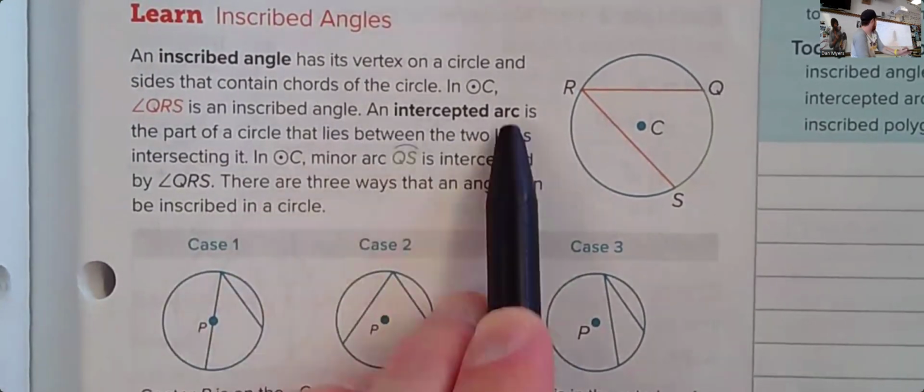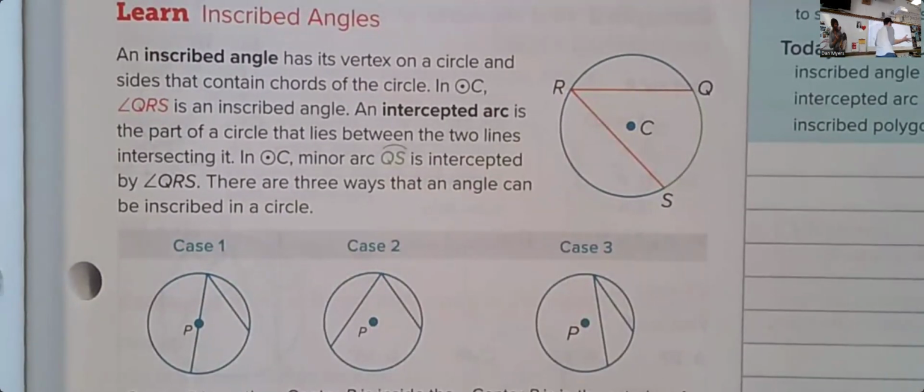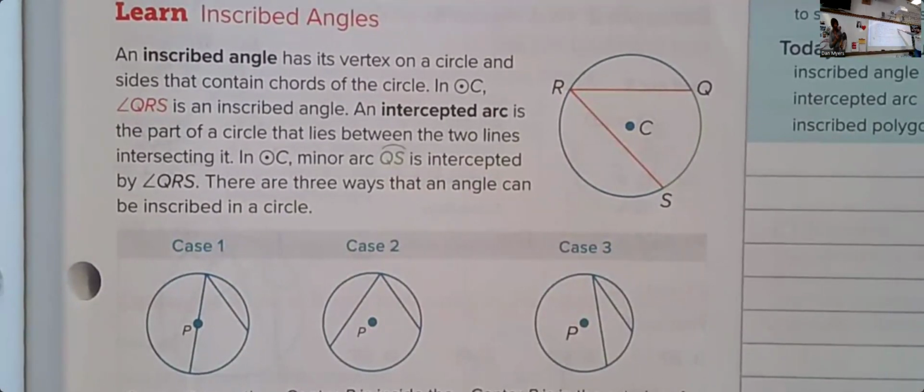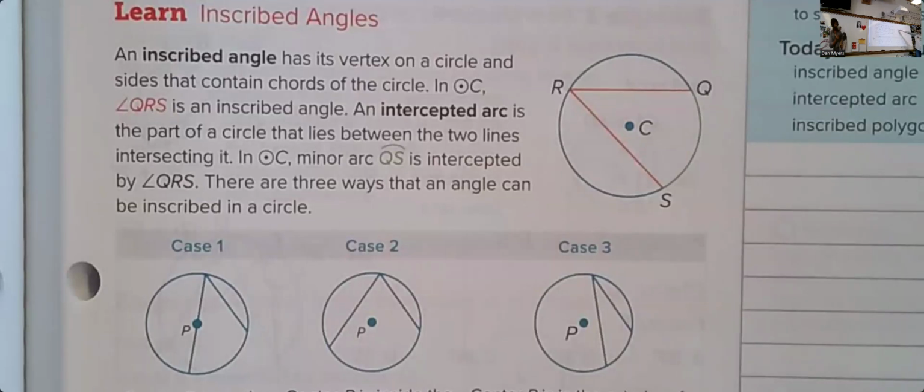An intercepted arc, so first of all, the angle is where the vertex is on the circle, and the other 2 points of that angle are also on the circle, but they create chords here and here to make this angle. And then what we end up with is something called an intercepted arc. The intercepted arc is the arc that is intercepted by the sides of the angle.